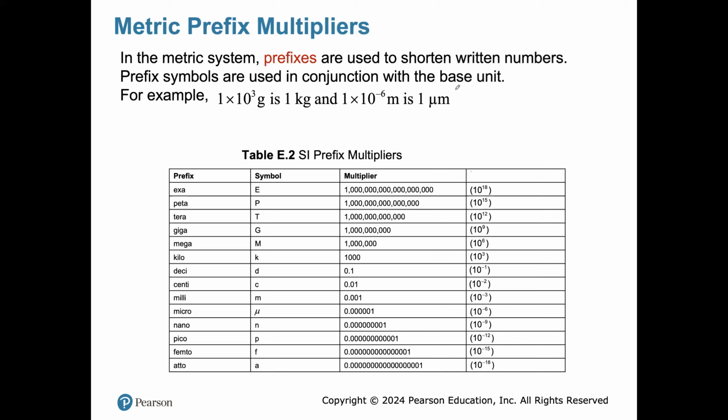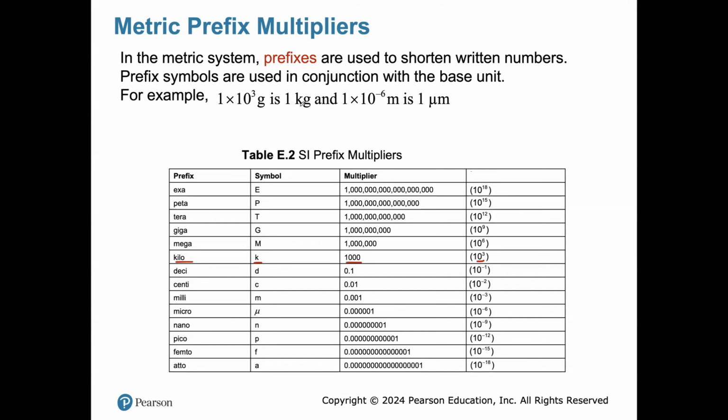So now we've introduced the base units in the metric system. Sometimes, to shorten the way we write numbers, we can also use prefixes in conjunction with the base unit. For example, kilo, whose prefix is k, means 10 to the power of 3, that's 1,000.